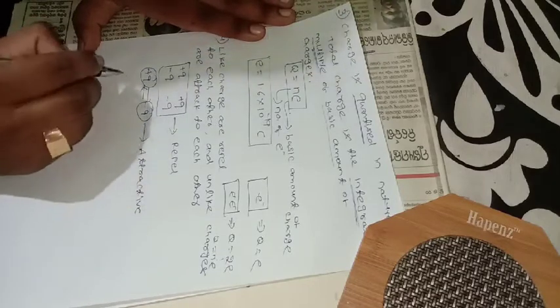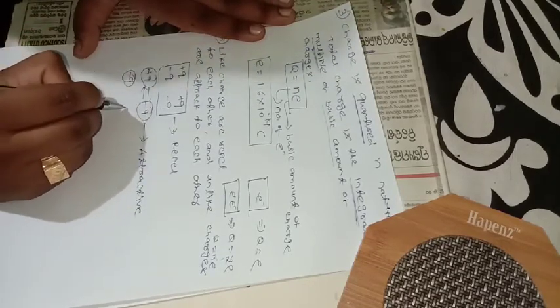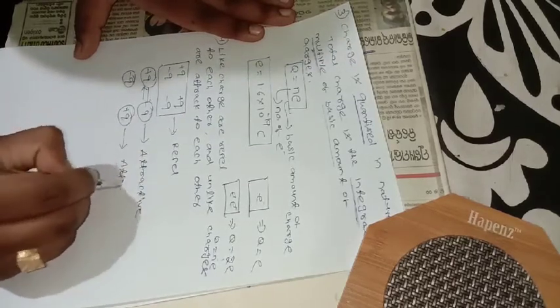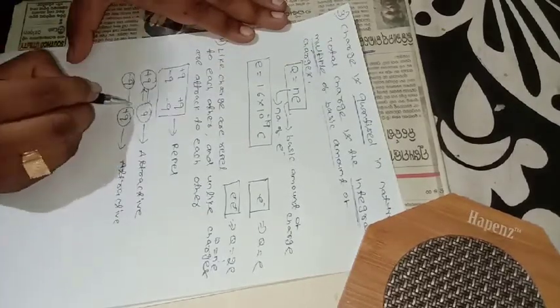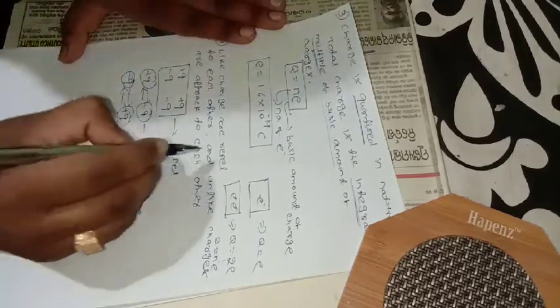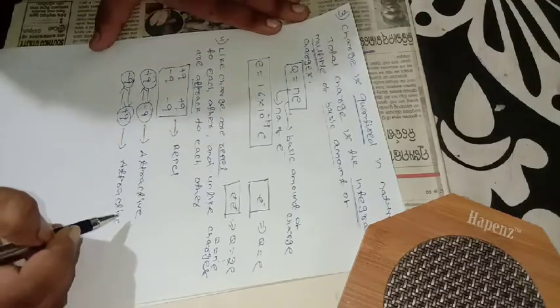Or you can interchange: the body having minus q charge and the other body having plus q charge, the same attractive force will be created between the two bodies. Clear? So I can say like charges are repelled to each other, unlike charges attract each other.